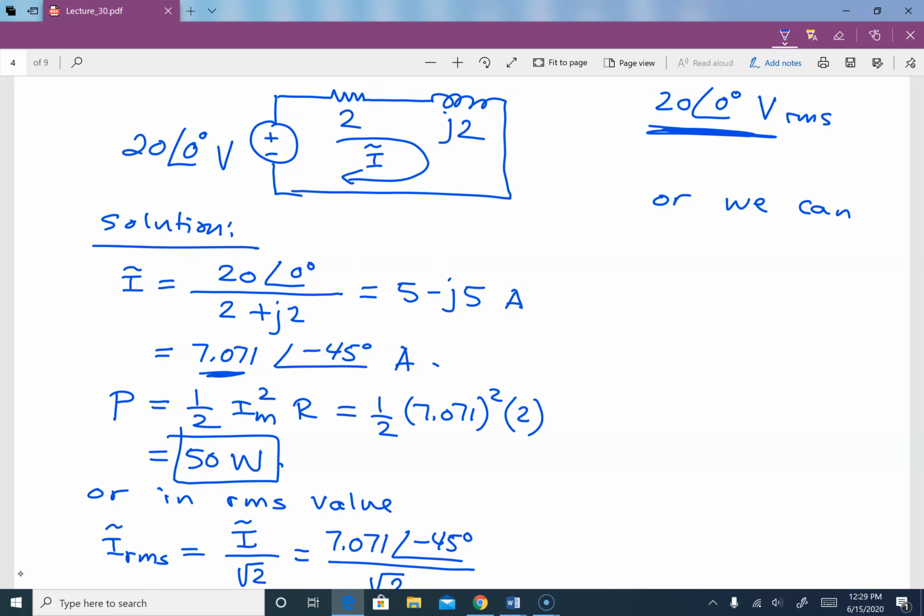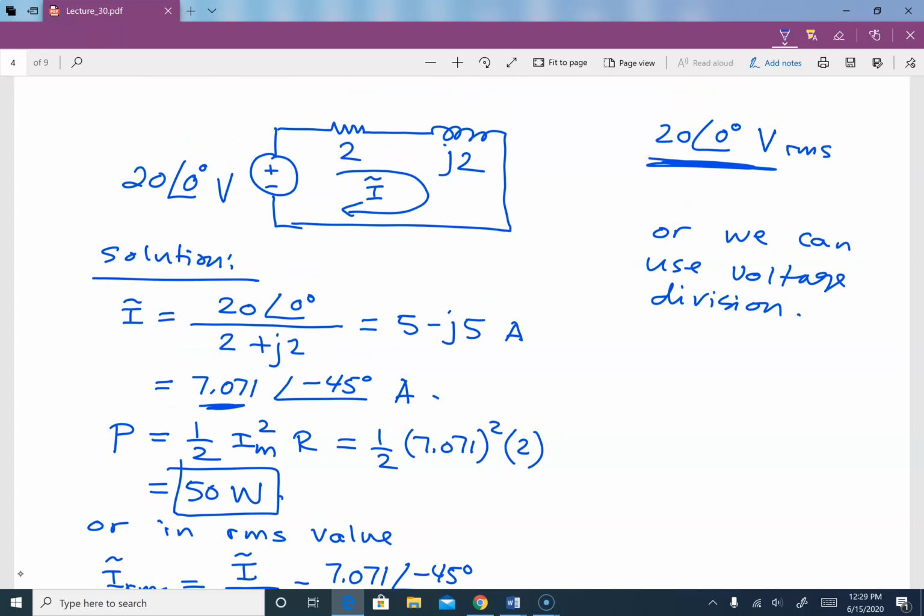we can use voltage division for this problem here. As long as I know the voltage across the 2 ohm resistor, then we can find the average power. So in this case, if I have the voltage over here, we call it phasor V, then our V is equal to 2 divided by 2 plus j2 multiplied by 20 with angle 0.